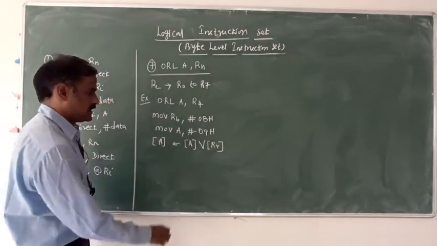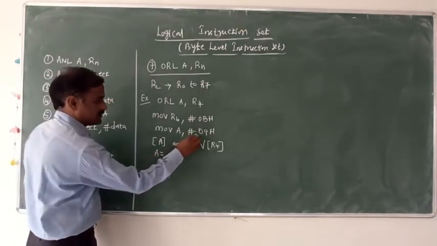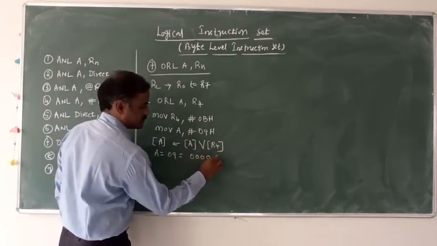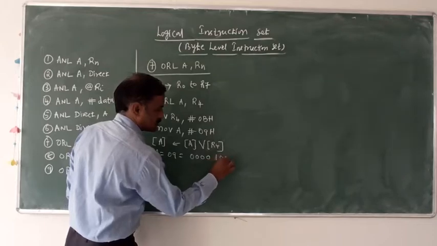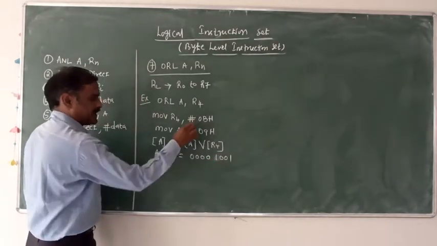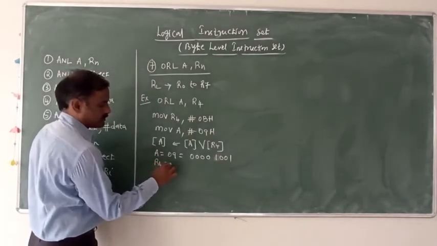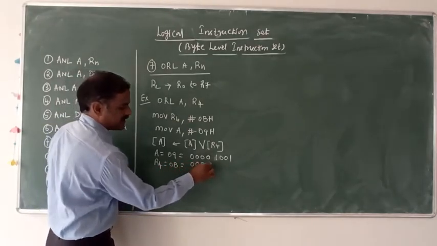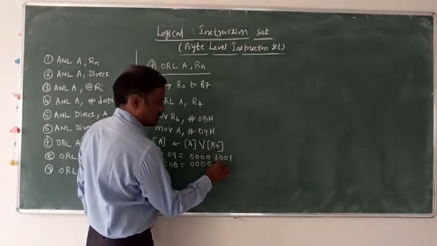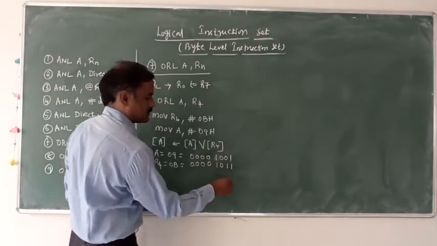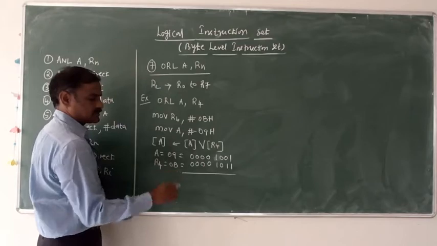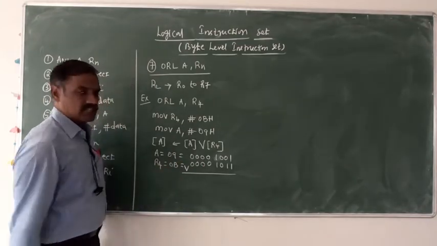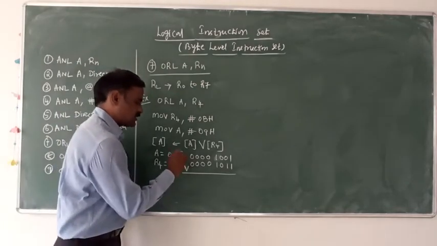What is the data in the accumulator? 09, that is 0000 1001, and the R4 register is 0B, in decimal 11. What is the corresponding binary value? 1 0 1 1. This is for 9, this is for 0B. Logically OR: what is the operation of logical OR?